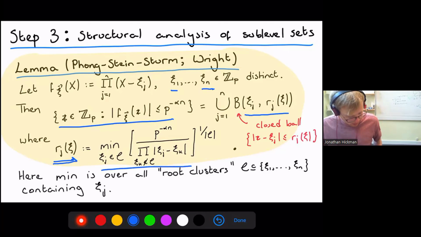So unfortunately, I'm running a little bit low on time, so I won't describe in detail the motivation behind this expression, except to say that it involves the distance between the fixed root x_j and the other roots of the polynomial, okay? So the radii can be explicitly written in terms of the distance of our fixed root to all the other roots of the polynomial.